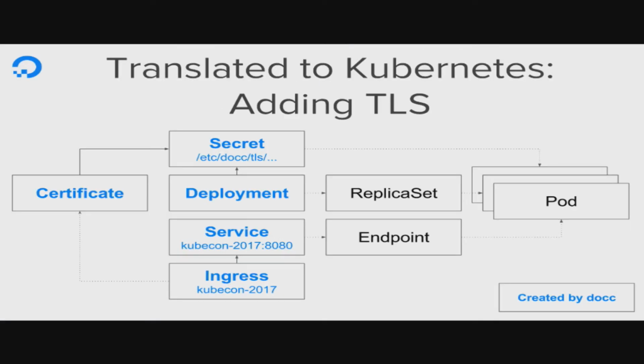In this case, you will see we have a custom third-party resource called certificate, which is what actually gets generated, and that then creates a secret that gets mounted into your pods, and every single one of them has the appropriate credentials available when it comes up. You don't have to worry about it, which is pretty neat.